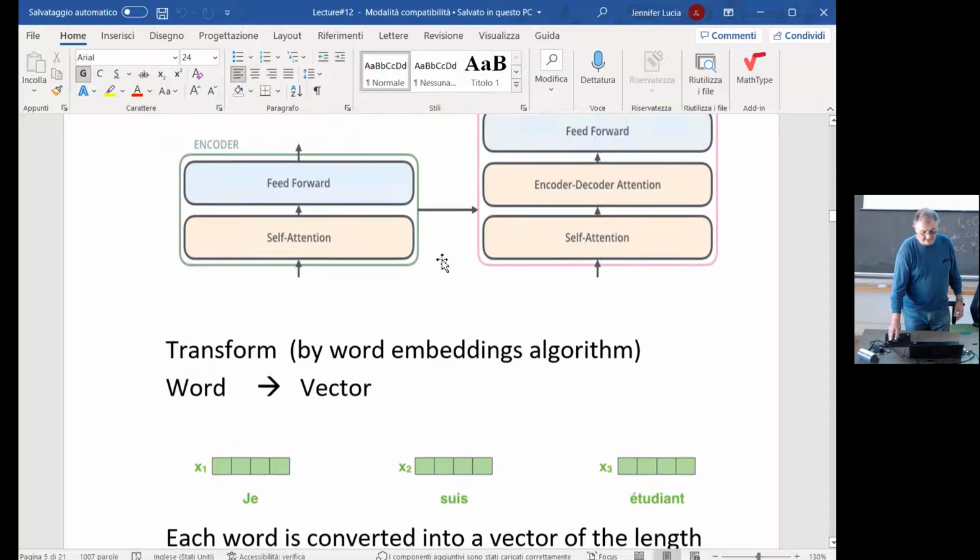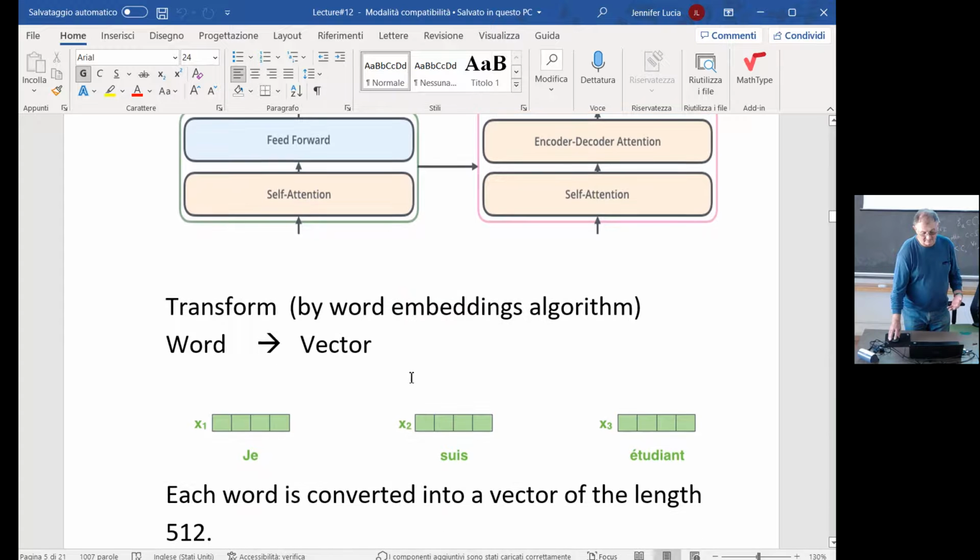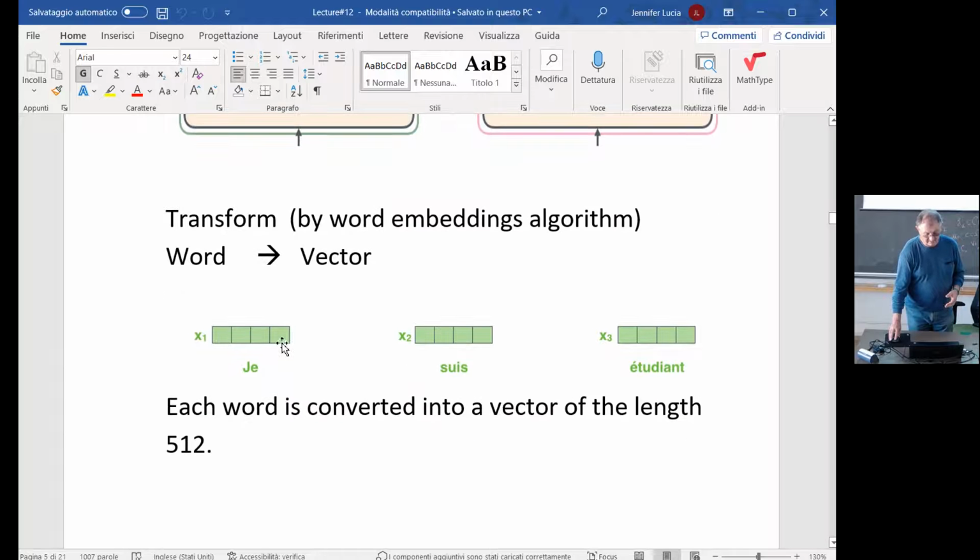What is the work of the encoder and decoder? It is transformation by a word embedding algorithm, word to vector. So now we formalize the words, and we represent the words as vectors.